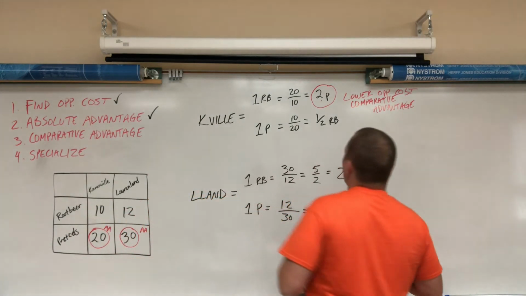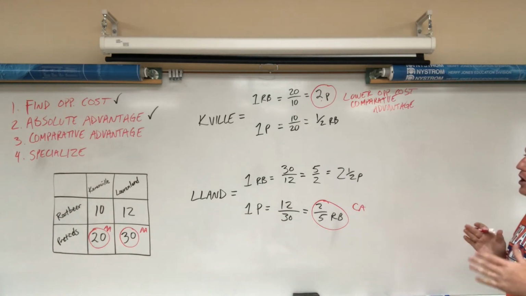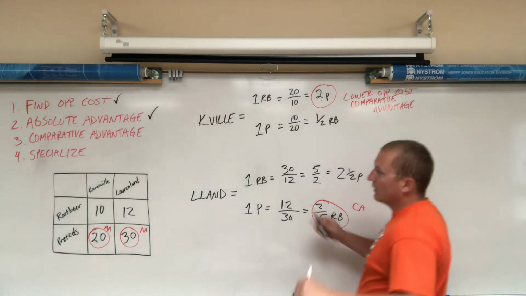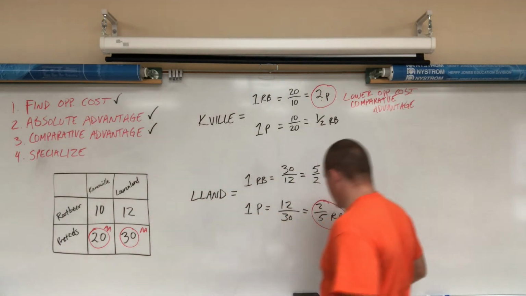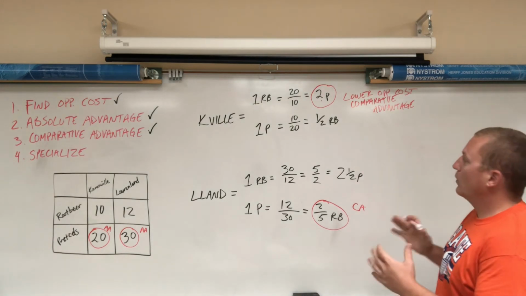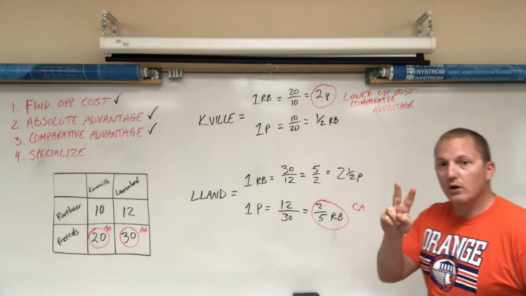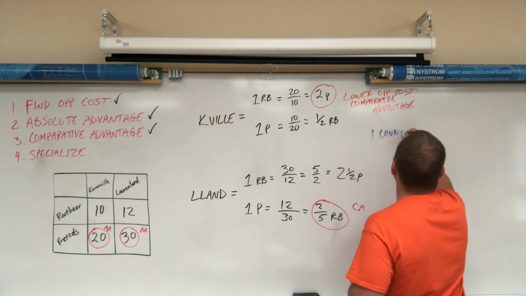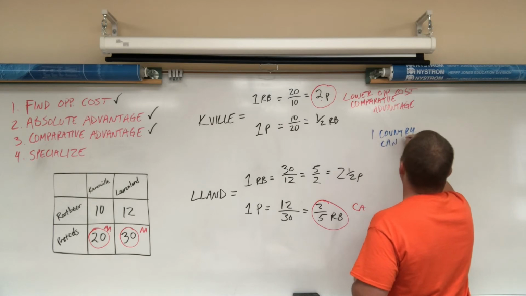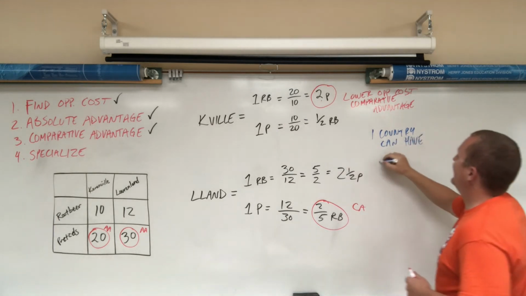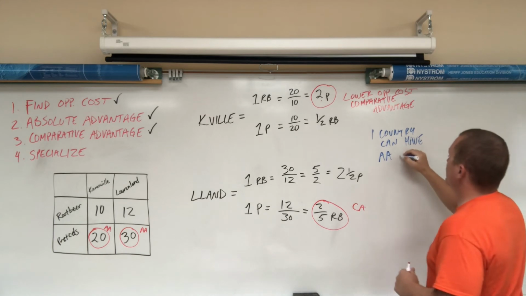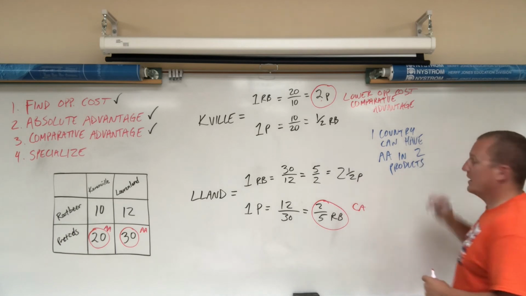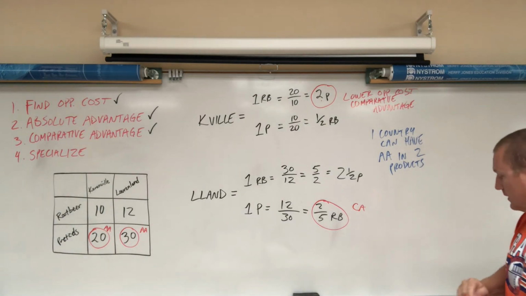All right, when we are looking at this, I want you to always remember, actually before we get rolling, I'm going to check that off because we found out who has a comparative advantage. As we're going through this, I want you to remember 2 short, simple things. One country can have an absolute advantage in both products.